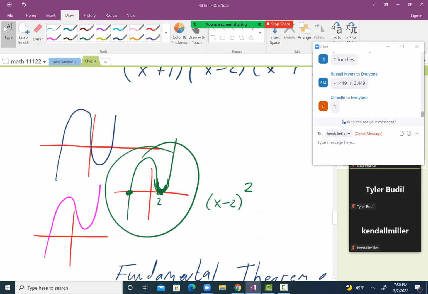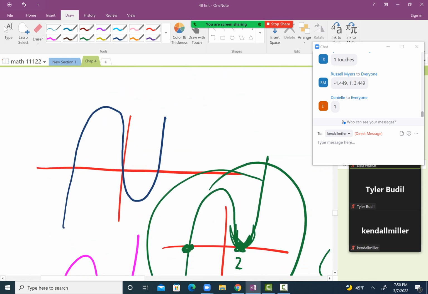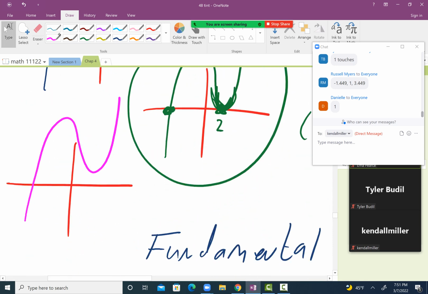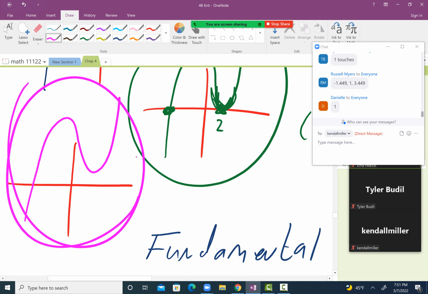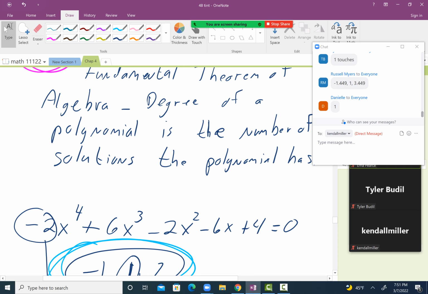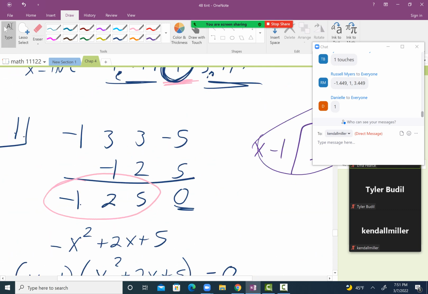Okay, so when we have a situation like this fuchsia one right here, here's one answer, but that's the only one I got. So the other two are imaginary. And the same thing happens with the fourth.